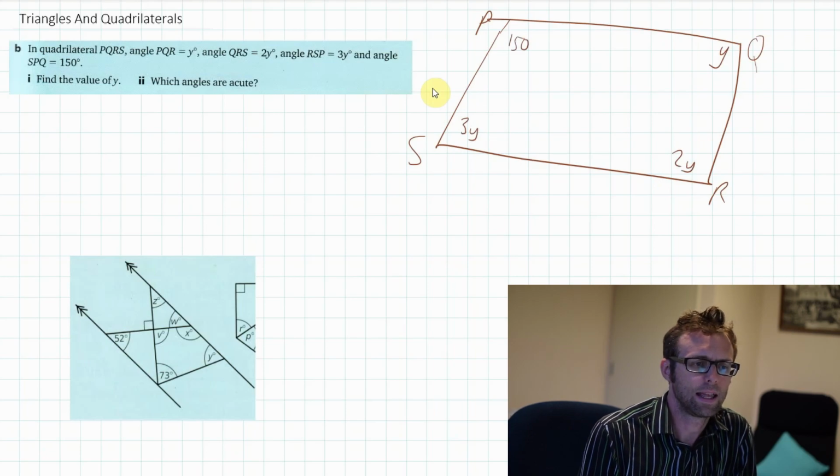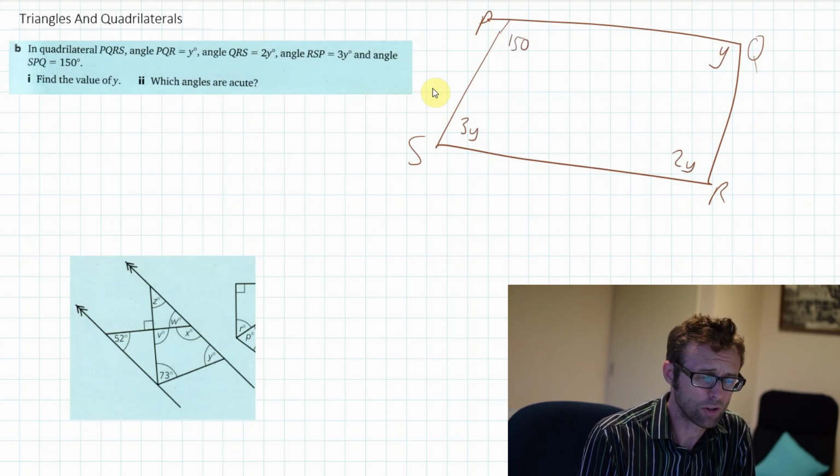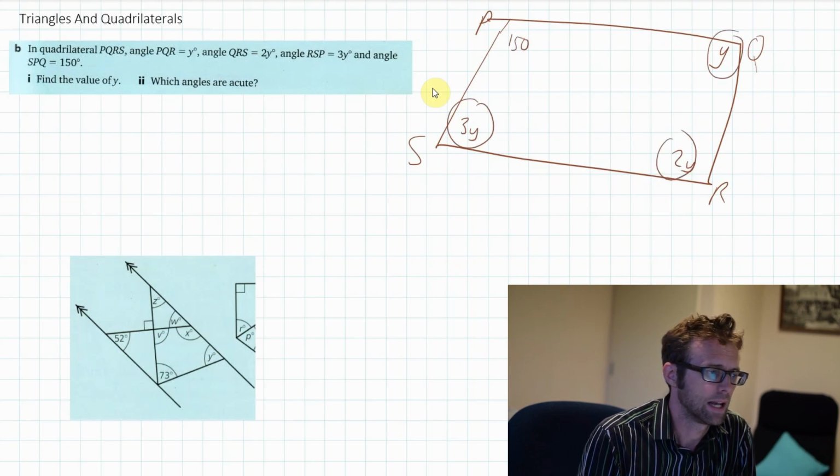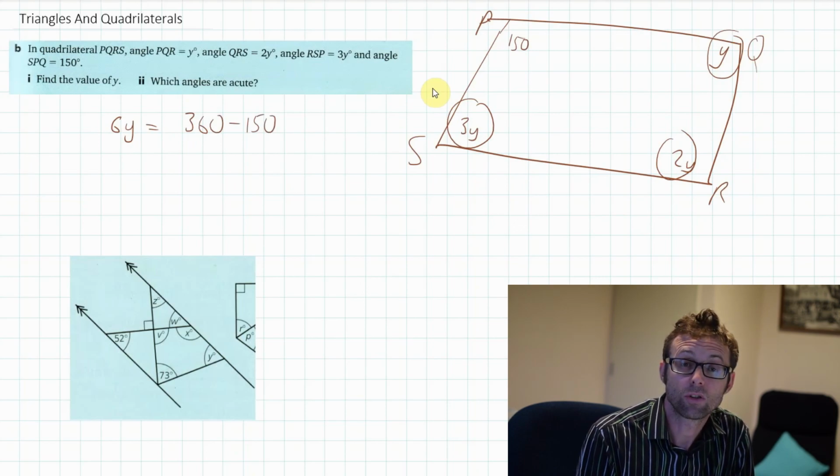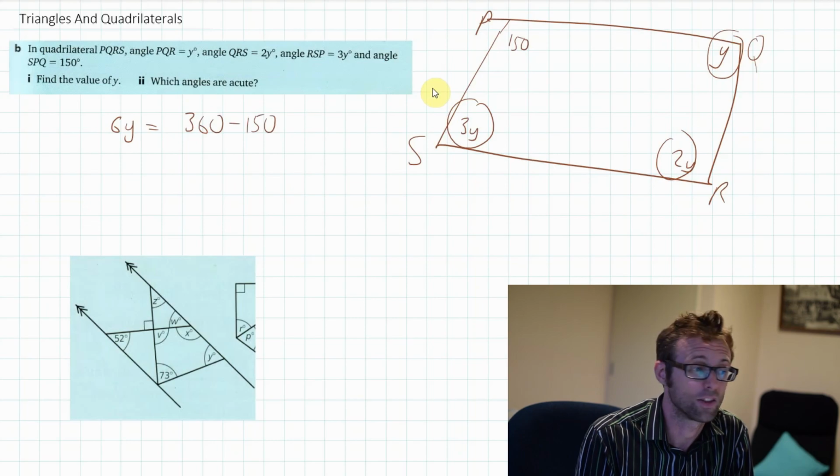Well, in this quadrilateral, we know that 3y plus 2y plus y, or 6y, has to be equal to 360 minus 150, because angles in a quadrilateral add up to 360. So 6y plus 150 is 360, and therefore 6y is equal to 360 minus 150.